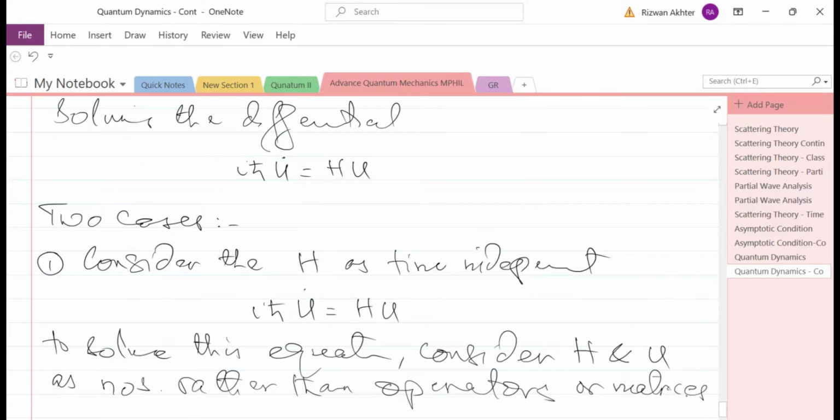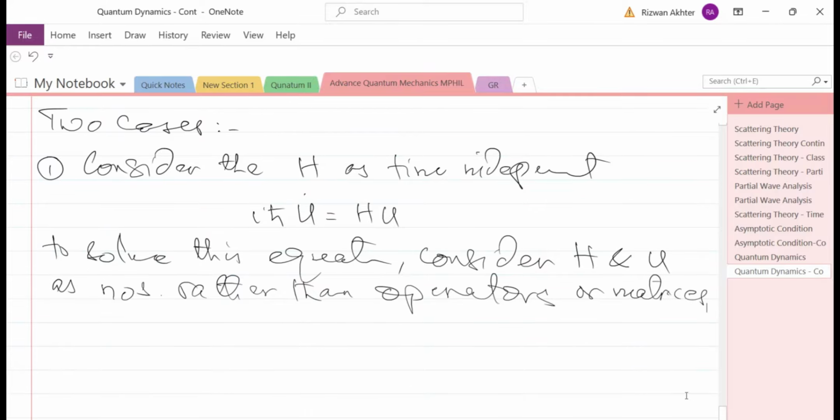So for simplicity, we are talking about this to solve this equation. And if we write it this way as numbers, iota h bar d by dt u equals H u, and iota h bar du over u equals H into dt.